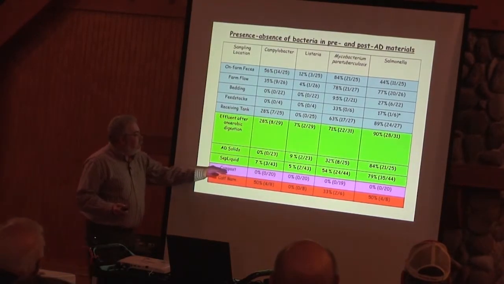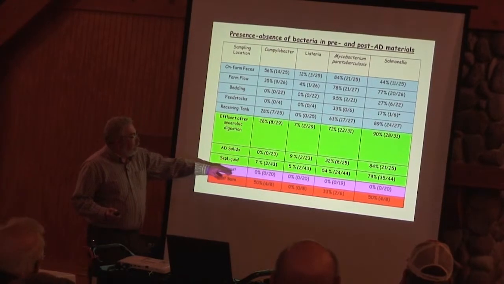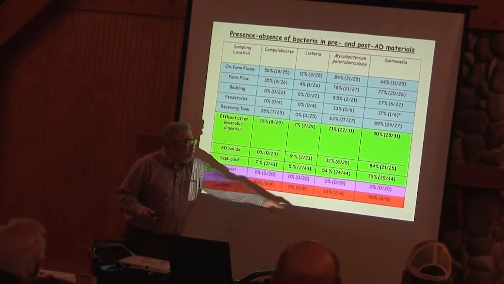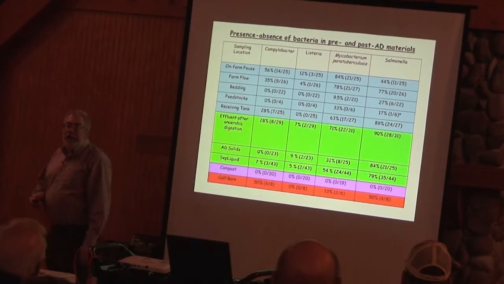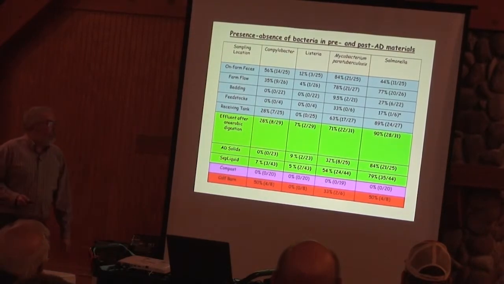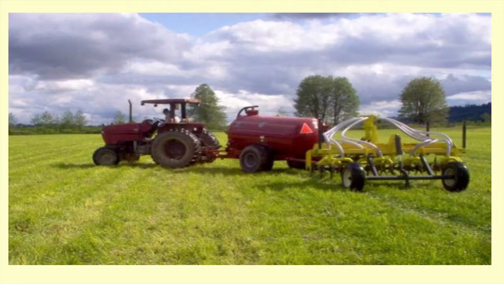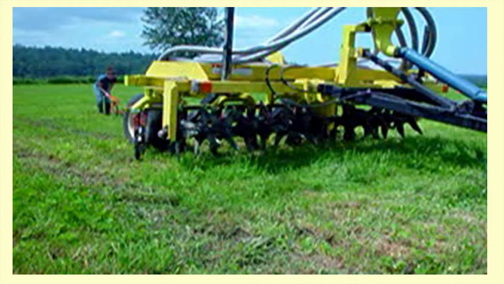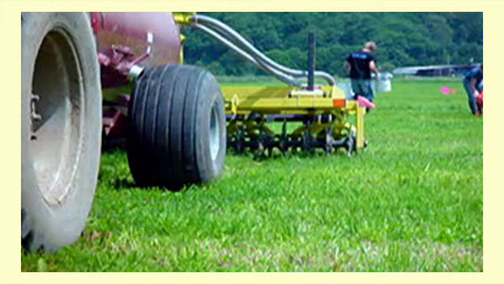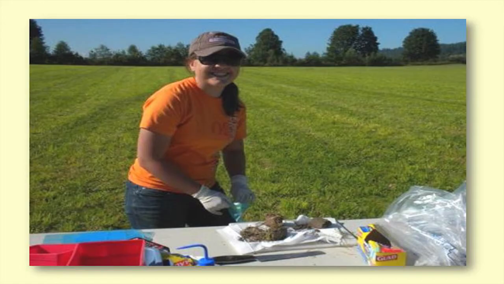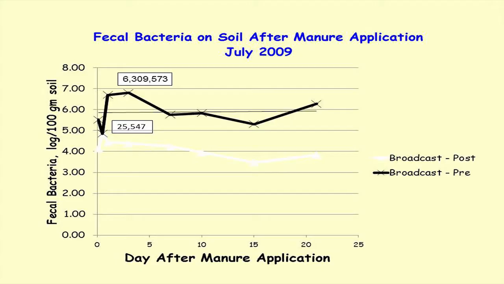One of the nice things here is they're making compost, and if you're doing composting correctly, you can get a really big reduction in plant pathogens. You don't get elimination, but you do get a reduction. I have a number of slides here that show the application equipment we use to apply the manure, from a study where a graduate student was working on that project.